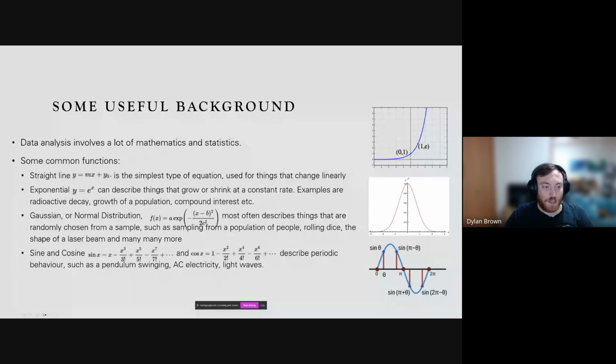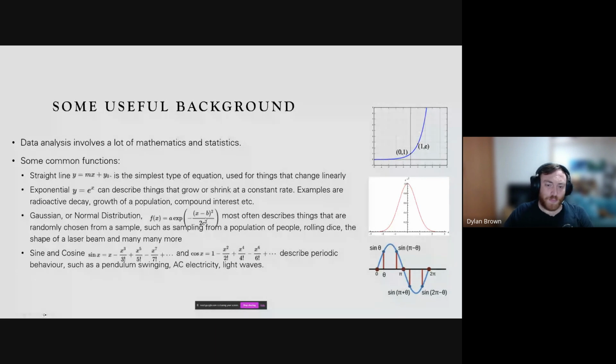Another common one is the normal distribution, also called the Gaussian function. It's this sort of peak here, this red peak. It describes things that are randomly chosen from some sample. So whenever you're dealing with statistics, it's probably what you'll see in a lot of your analysis.